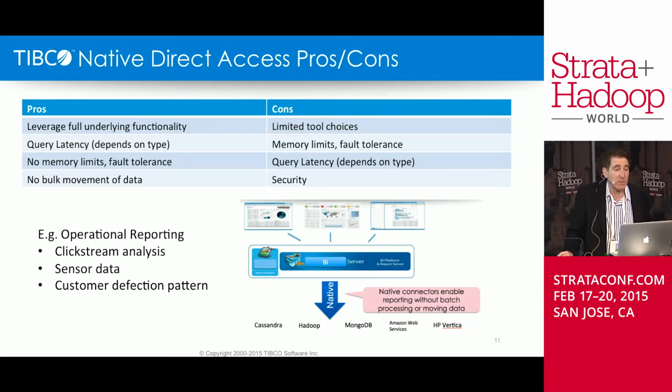Also, no memory limits. You're drawing on the power of the underlying data engine, and so you get benefits like fault tolerance, great scalability, etc. And also no bulk movement of data. You're using it in situ, right at the place where it lives, so you don't have to burden systems, networks, etc. with the movement of the data.